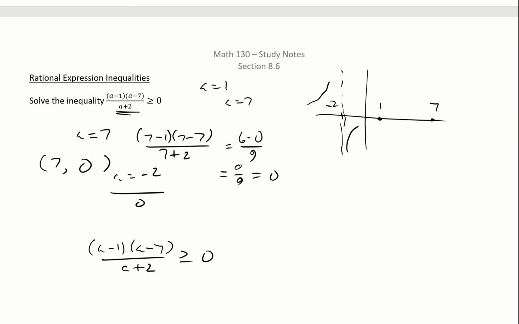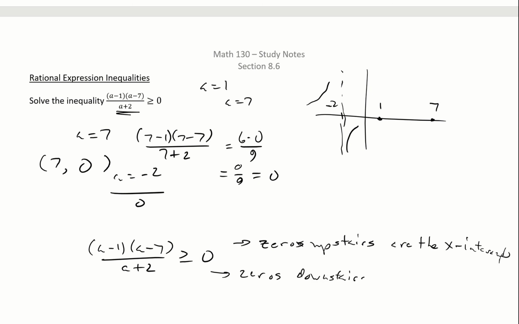It's just that when you look upstairs, the zeros upstairs are the x-intercepts. But the zeros downstairs are what I call the vertical no man's land, the asymptotes.